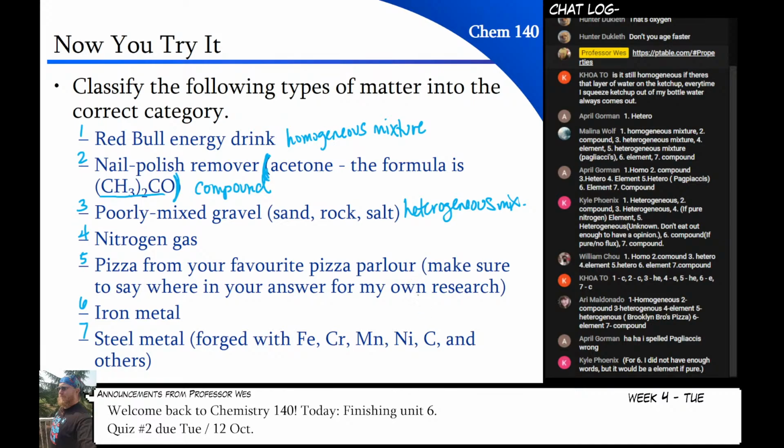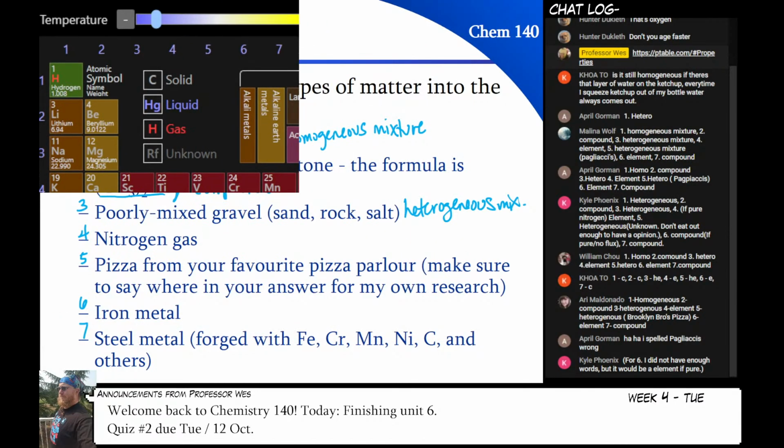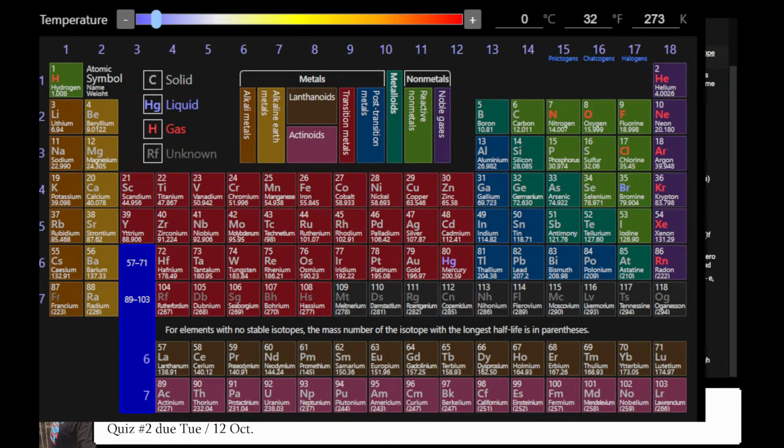All right, what about a cylinder with nitrogen gas? Well, if we go back to the periodic table, and get rid of the Red Bull here, and we look at the periodic table and we find nitrogen.